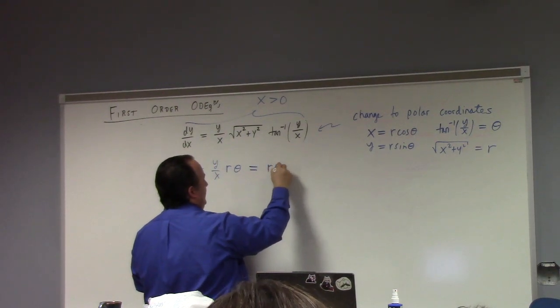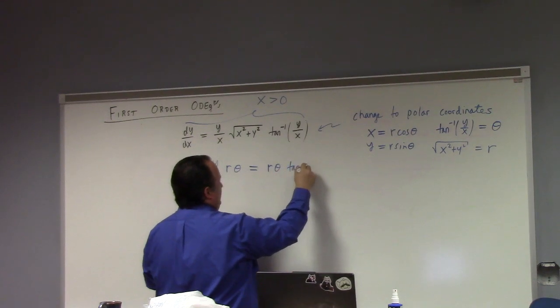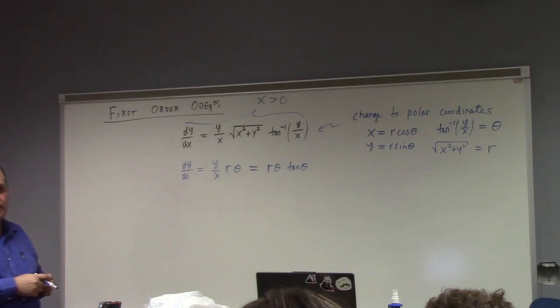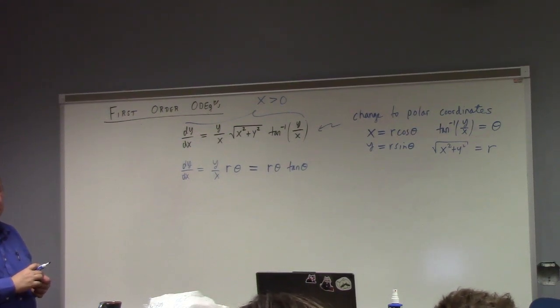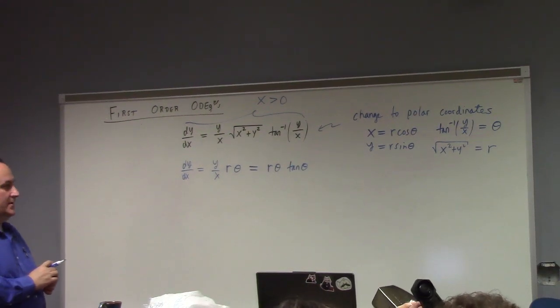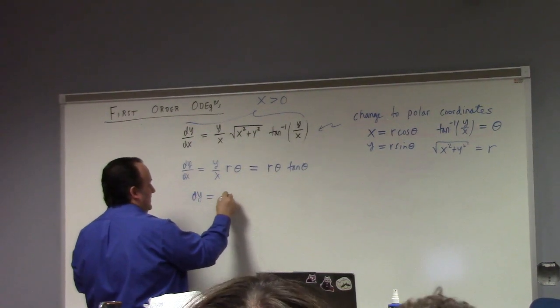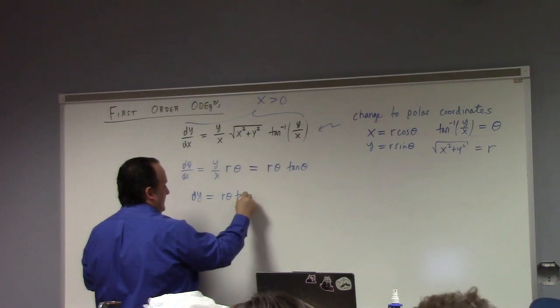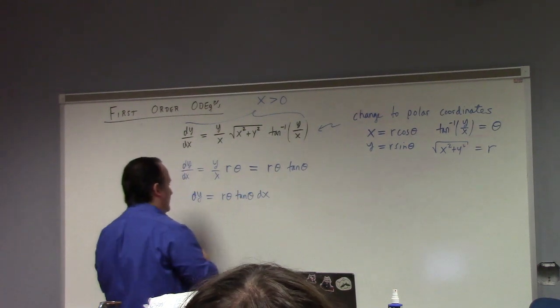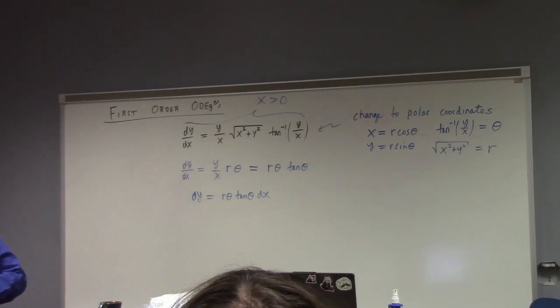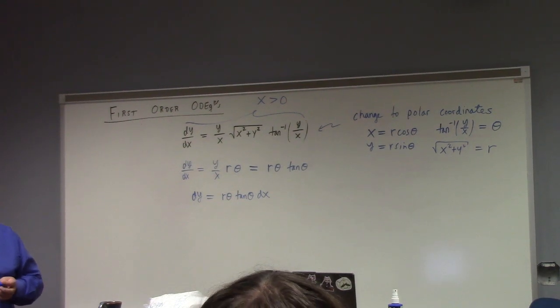That's a tangent theta. And so I could trade this for a dy is equal to r theta tangent theta times dx. Now both x and y respectively depend on r and theta. How do they do that?